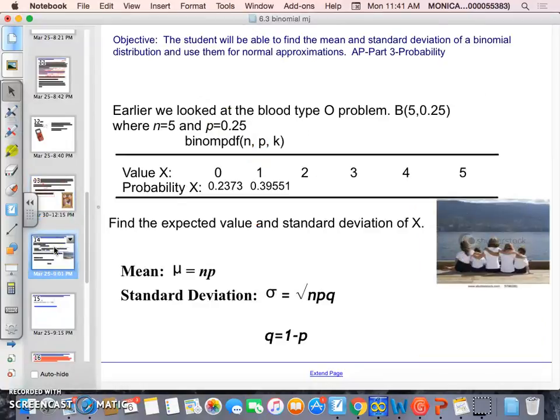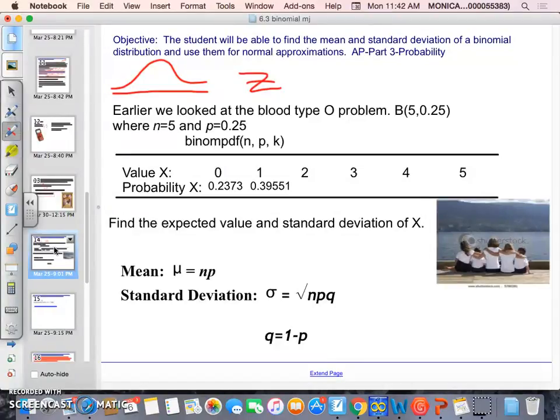All right, so this is where we're going to use mean and standard deviation. So you should be thinking of a normal curve. So you should be thinking of z-score whenever you see mean and standard deviation. So we want to find the expected value and standard deviation of x.